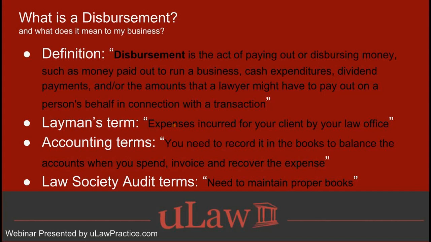One is the expenses that you incur as a business owner, as an office expense, to run your business or your office. That's really your office expense: paying the Law Society's fees, buying stationery for your firm, for your printer. Those are expenses you incur as a business owner, and you can't charge them to your client.